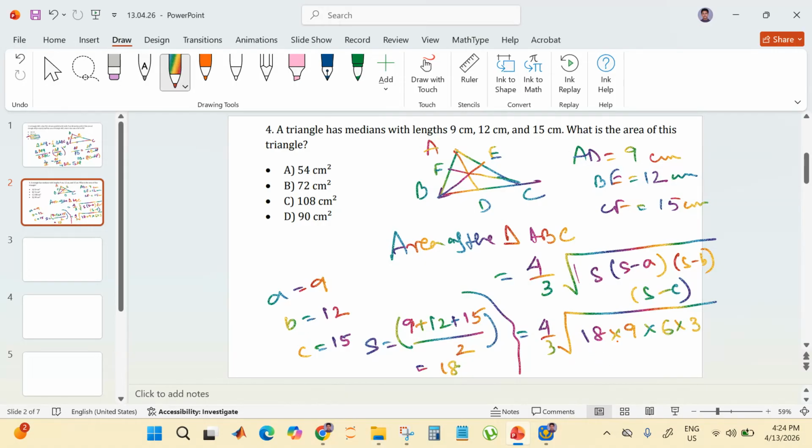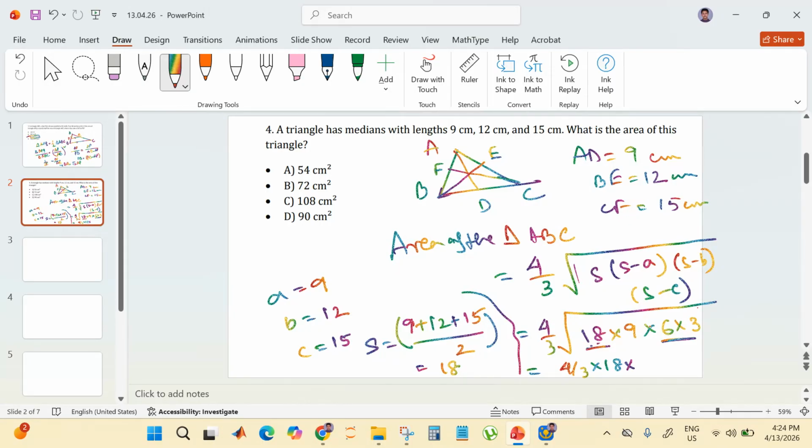Now just calculate it. Do not multiply all these values. Take out the number you are finding twice. 18 and 9, or directly 18 and 3 into 6, which is 18. So two 18s are there, because 6 into 3 is also 18 and 18 is given directly.